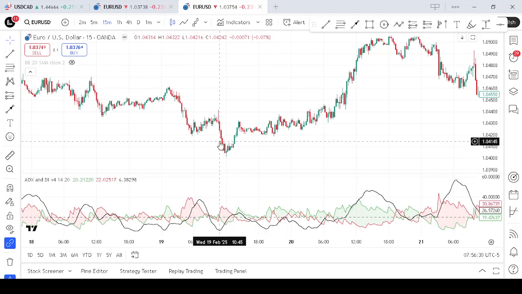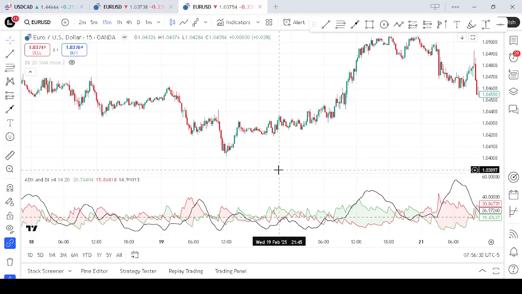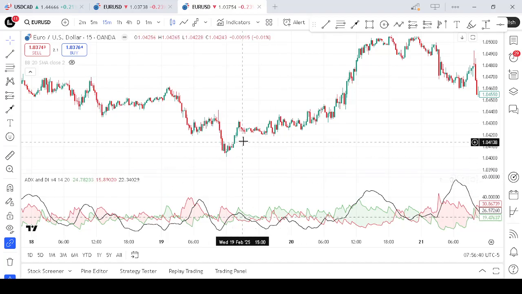This shows you both trend direction and strength.